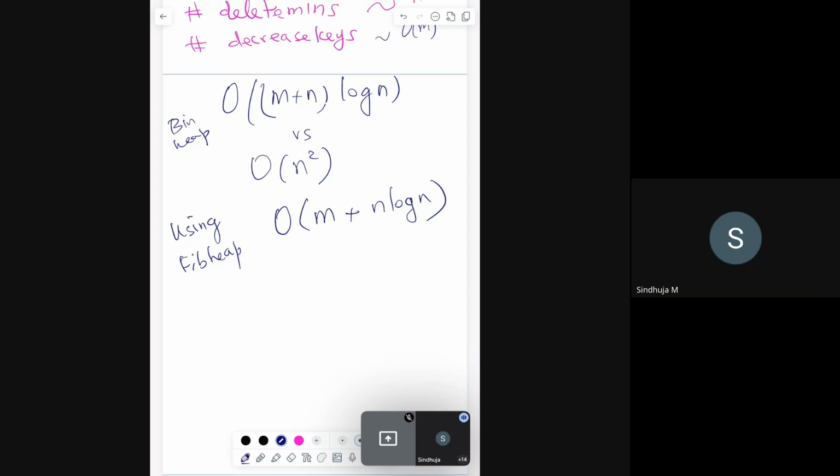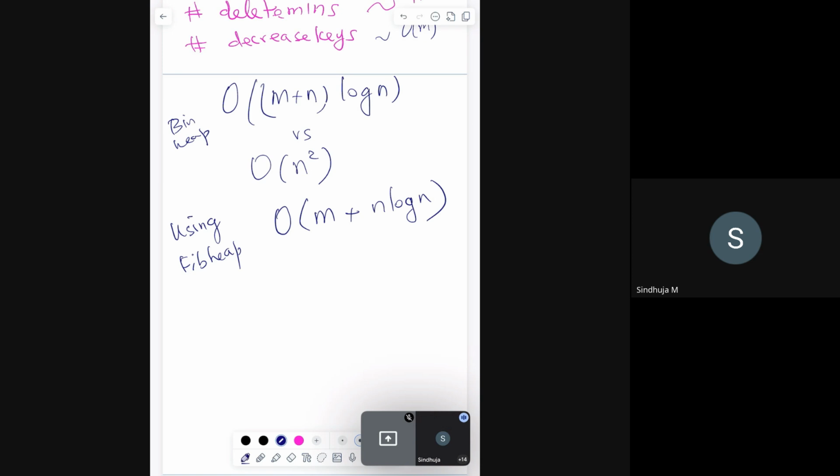Sir, does delete min take log n time because we are forming a min heap? Every time the minimum element will be at the root. At the very first iteration itself, we'll be able to find the minimum element.